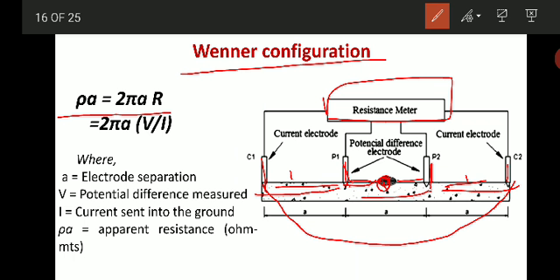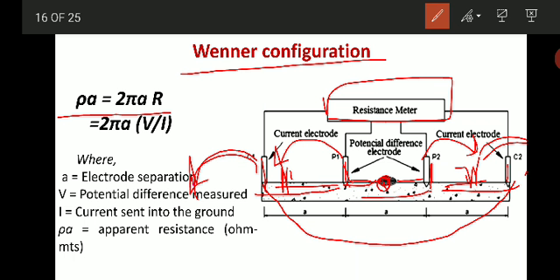Then, for the next set of readings, you will shift all these four electrodes on either side simultaneously. P1 P2 will move 1 meter ahead, then C1 C2 again move 1 meter ahead.